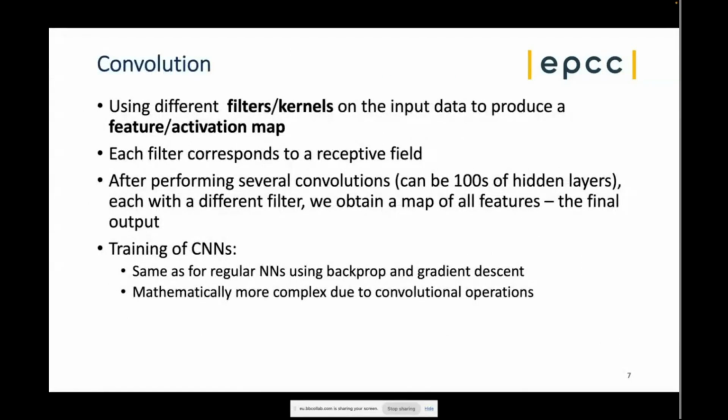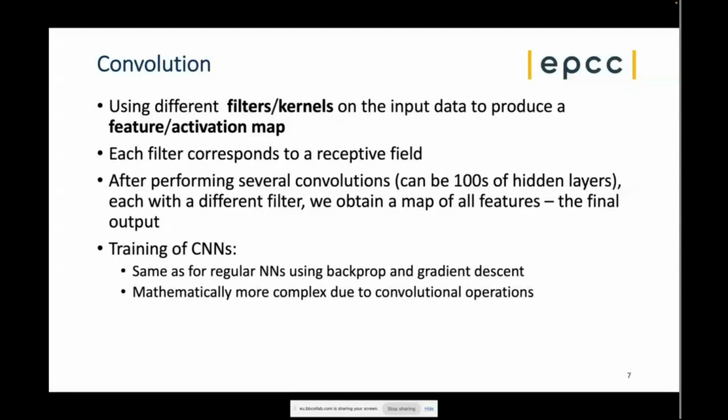Convolution is the idea of using different filters or kernels on the input data to produce what's called a feature or an activation map. Each filter corresponds to something called a receptive field. After you perform several convolutions, there can be hundreds of hidden layers in these CNNs, each with a different filter. We obtain a map of all the features, which is the final output.